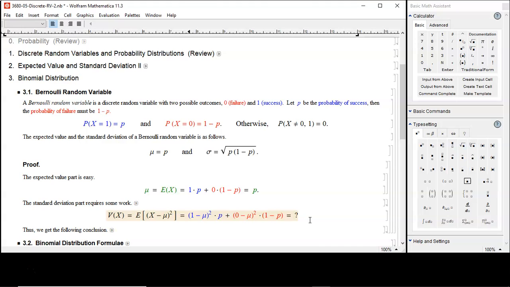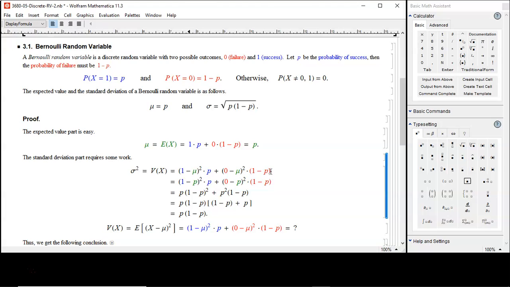So this computation will give me the variance. Does it make sense? Probability p versus 1 minus p. And then the outcomes are x minus mu squared, deviation squared, deviation squared. And x values are 1 and 0 respectively, so 1 minus mu squared versus 0 minus mu squared. By the way, what is mu? Mu is p, isn't it?